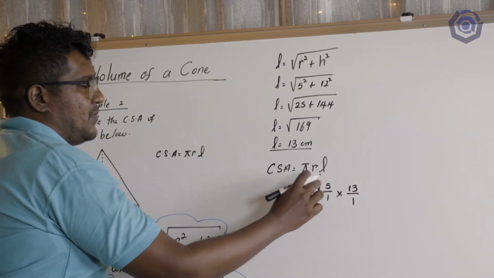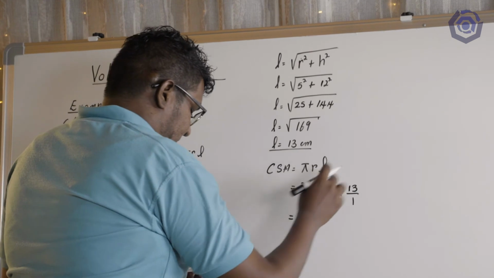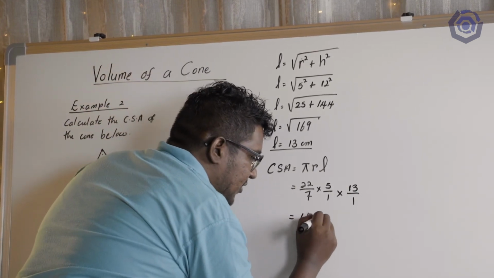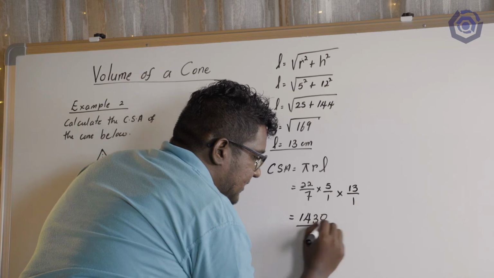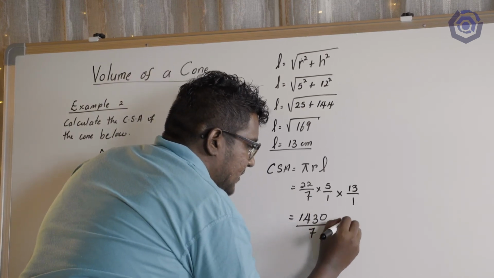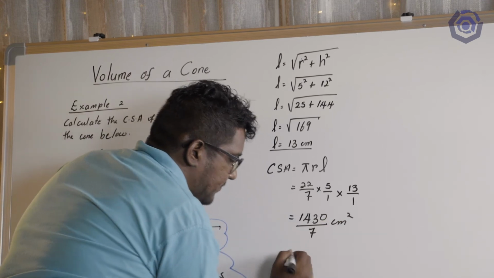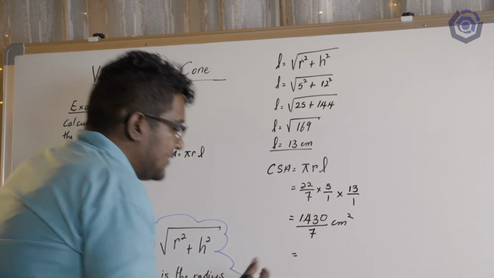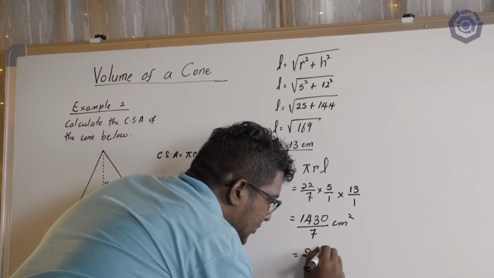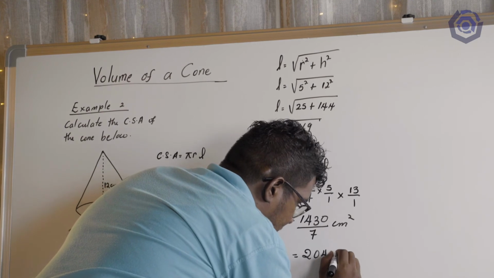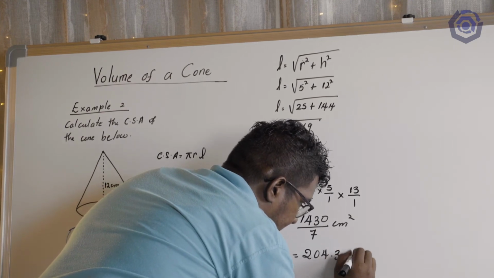We have 22 multiplied by 5 multiplied by 13, which gives me 1,430, divided by 7 times 1 times 1, which is 7. 1,430 divided by 7 gives me 204.3 cm squared.